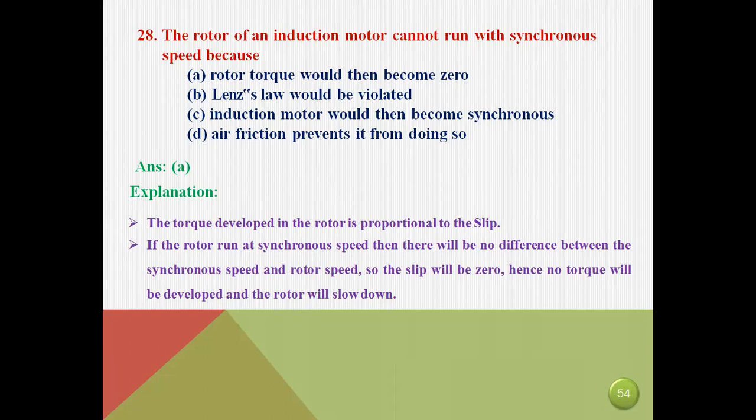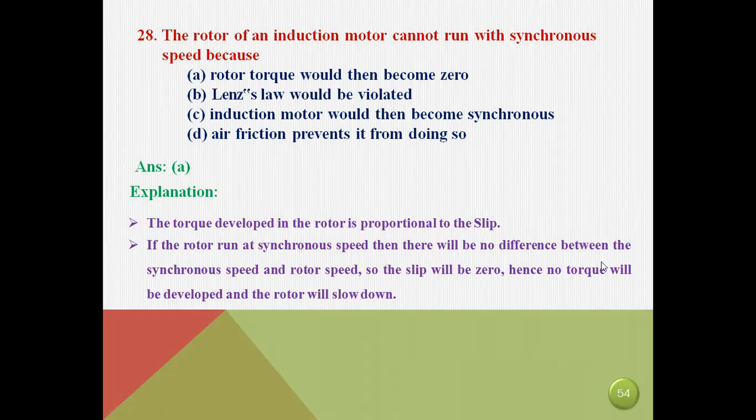You are saying torque is directly proportional to the slip. But if the rotor is running at synchronous speed, there will be no difference between the rotor speed and synchronous speed. So slip will be equal to 0, because S equals 0 upon Ns.